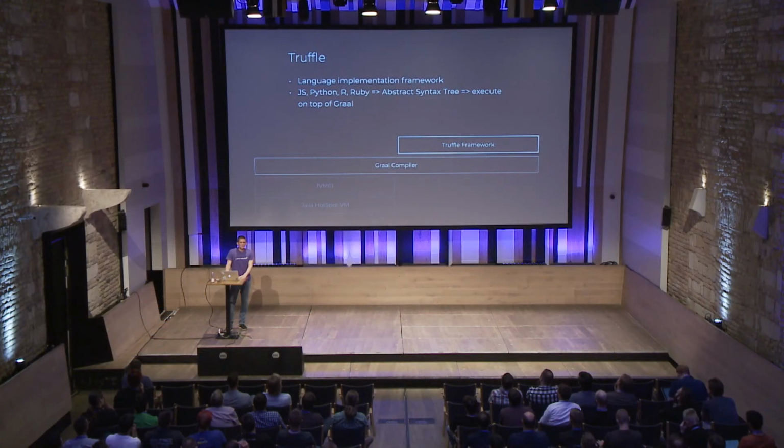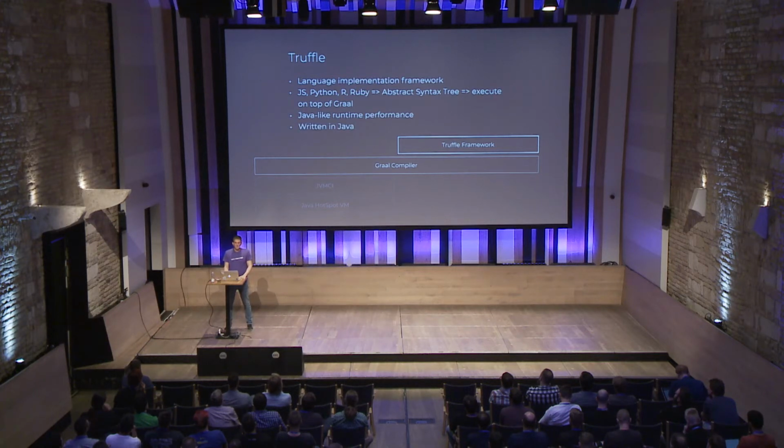And by doing that, you can convert that programming language into a Java-based abstract syntax tree. And you can run this AST on top of the JVM. It sounds a little bit crazy, but it actually works. And you can achieve Java-like performance for scripting languages.